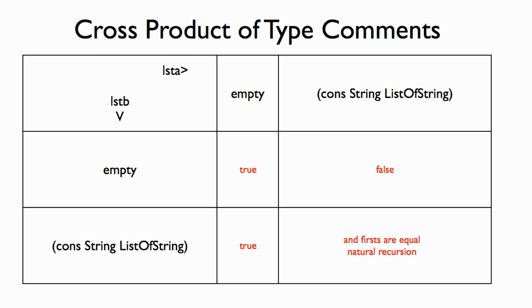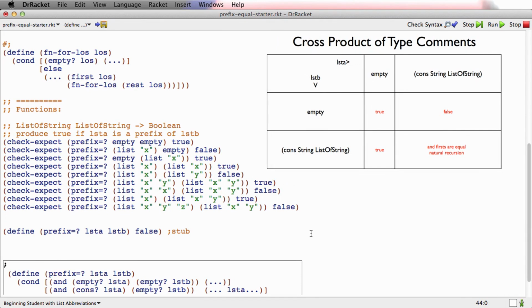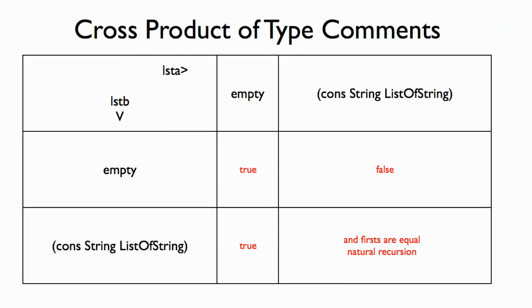But now this table is going to be huge for us. Let's see why by turning back to the code and the template. First thing I'm going to do is read the template right off the table. And the way I'm going to do that is to observe something really important, which is that in this table, there aren't 4 cases.